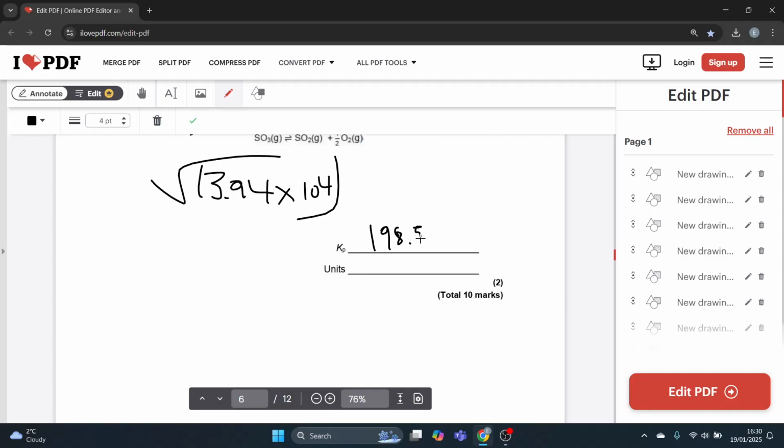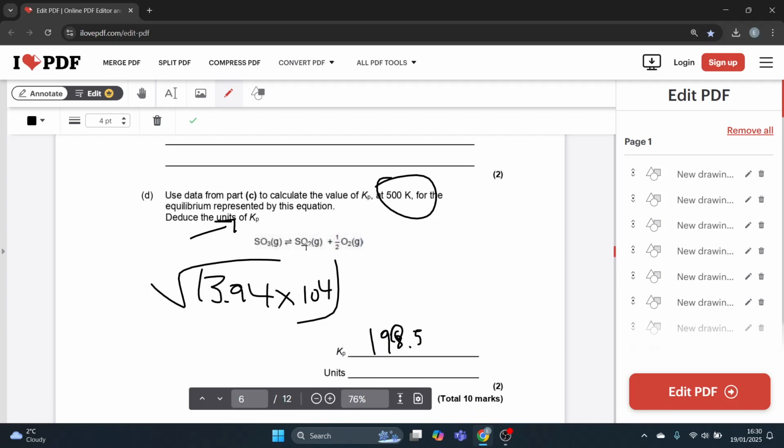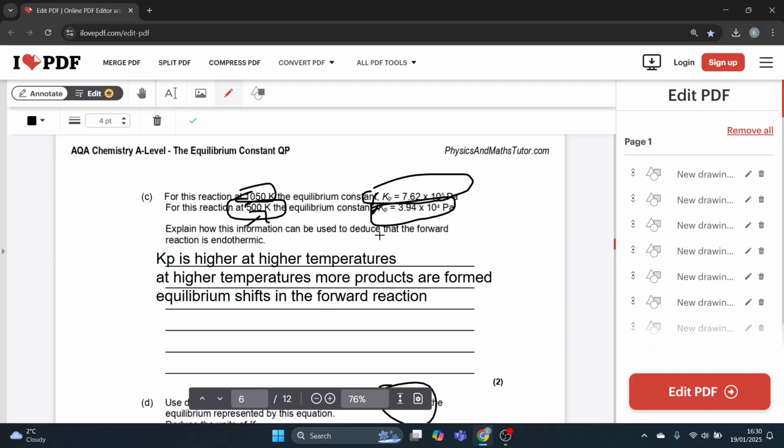The units, however, of partial pressure of SO2 times by partial pressure of O2, it's not even squared, it's to the power of a half, divided by partial pressure of SO3. I'm not working with partial pressure, I'm working with pascals, because Kp's in pascals.